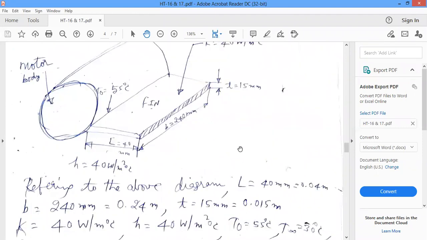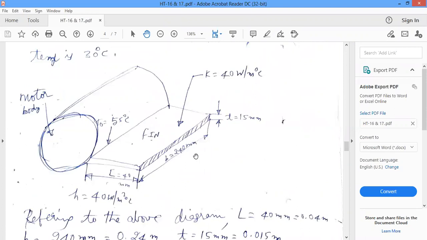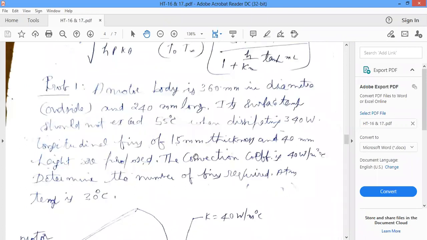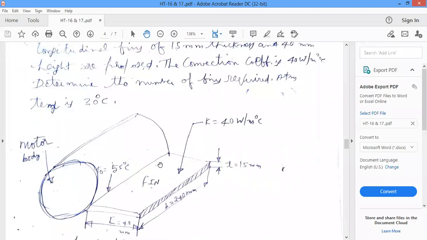A very important point here is that by observing the given data and drawing the rough sketch, you can visualize whether it comes under a short pin or not.